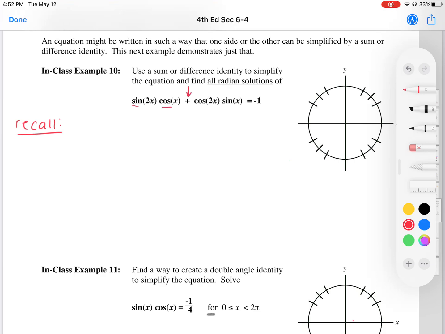When I have a combination of cosine and sine and a plus, this looks like sine of a plus b, which is sine of a times cosine of b plus cosine of a sine of b.